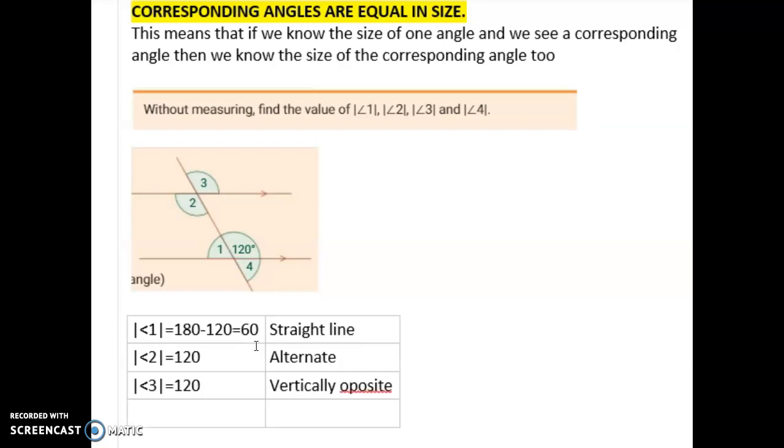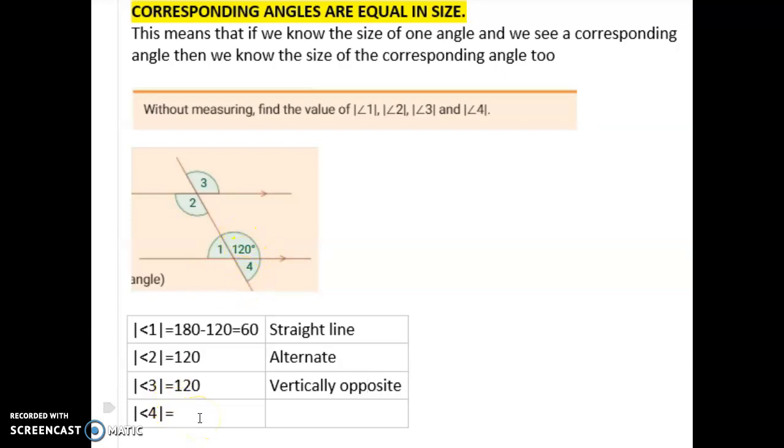And then we have angle 4. What can we say about angle 4? There's a couple of ways we could say it. We could say it's vertically opposite angle 1, or we could say that it's a straight line with 120 there.